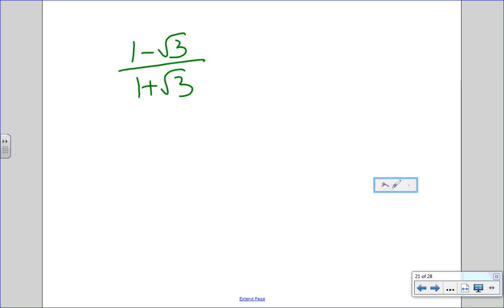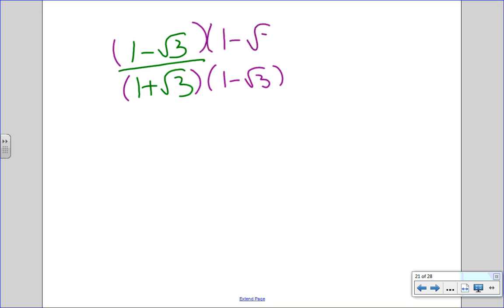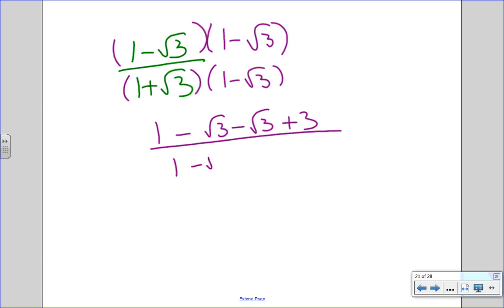Rationalizing the denominator, I'm going to multiply by 1 minus root 3, and I'll do it to the numerator and the denominator to be fair. In the numerator, I'm going to have 1 minus root 3 minus root 3 plus 3. In the denominator, I'm going to have 1 minus root 3 plus root 3 minus 3.